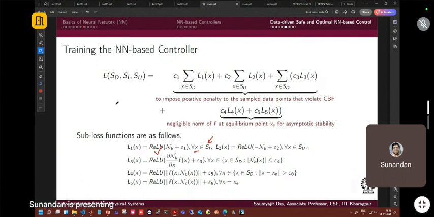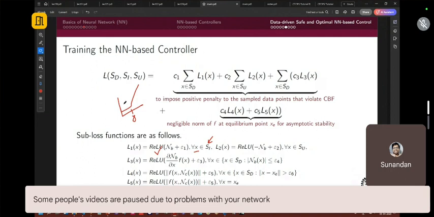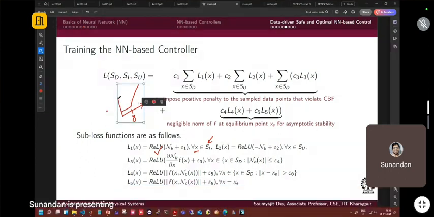Since it looks like this, with this 0, we are imposing more and more loss when we are going outside this region.